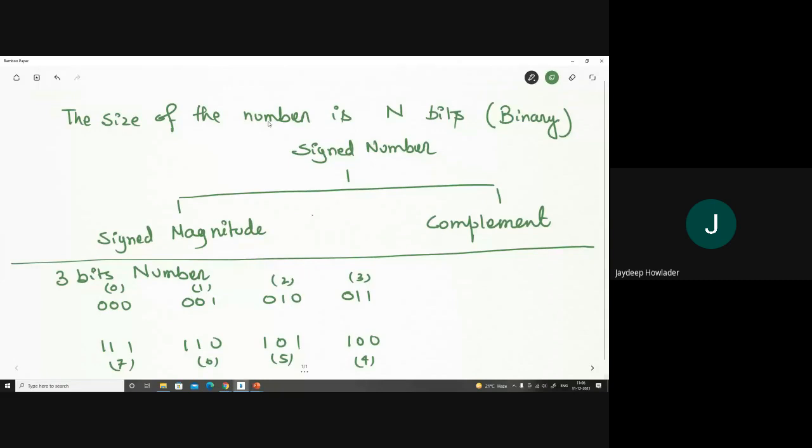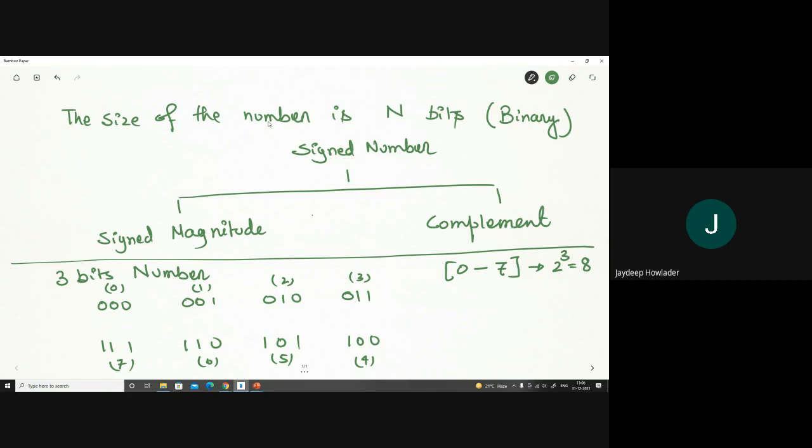So if the number is 3 bits, I can represent 0 to 7 with their numerical values. There are exactly 8, that is 2 to the power 3, so including 0 and 7, we are able to represent 8 numbers.